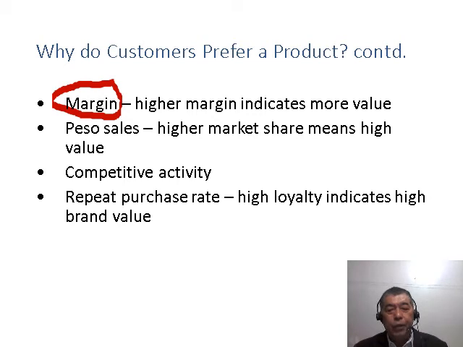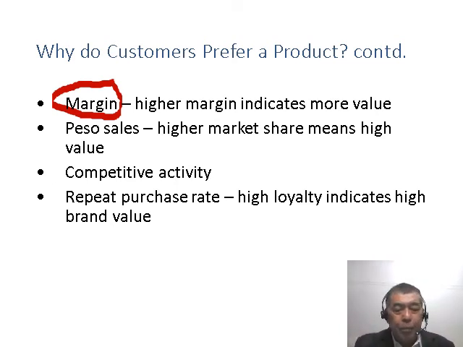The revenue or peso sales, higher market share means high value, meaning you can outperform your competitor because the customers are going to your brick and mortar shop or location. The competitive activity, and of course the repeat purchase, customers who are considered loyal.